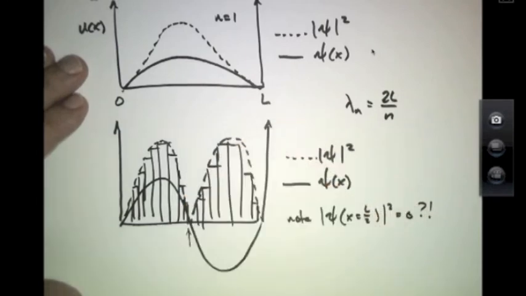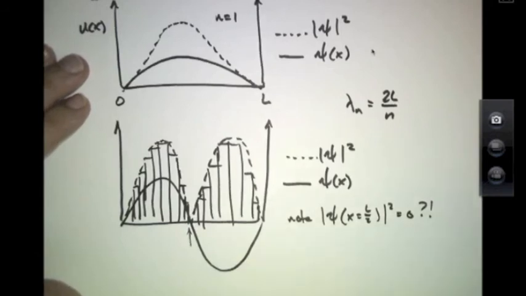And it would look something like that. And then I could tell you, well, I expected your histogram to follow that dotted curve given by the probability density for this wave function.